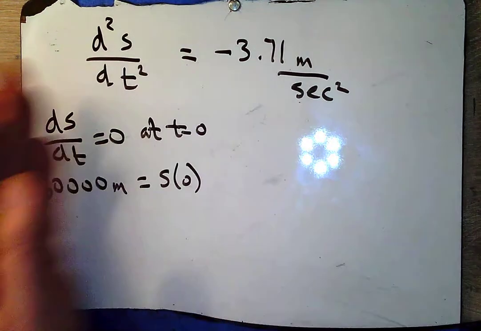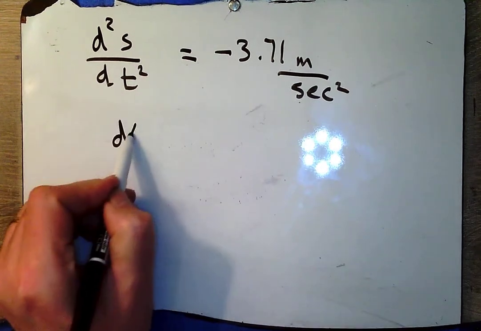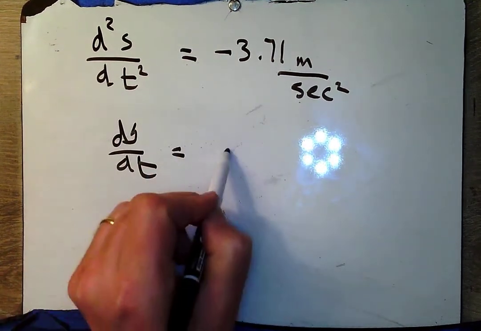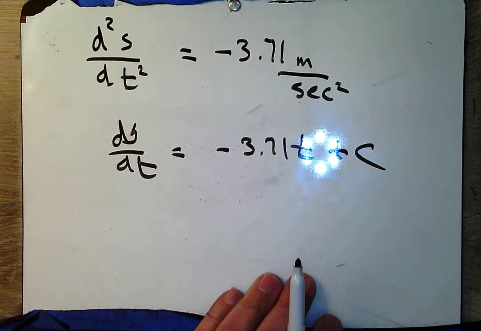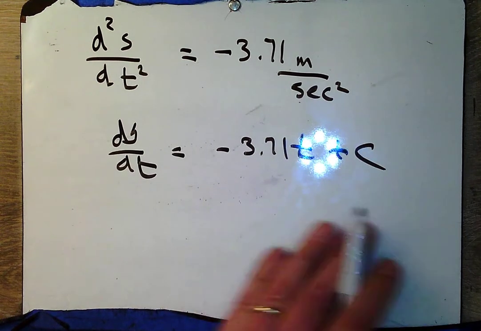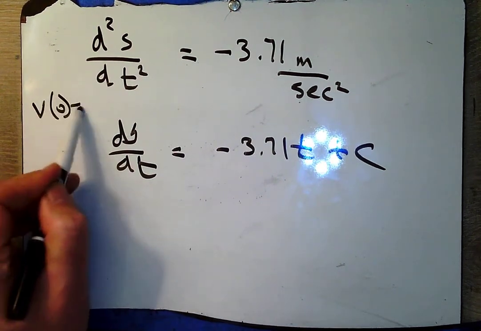So we'll do some separating of variables, and we'll get ds/dt equals negative 3.71 t plus c. Okay? So let's plug in our initial condition. Remember that velocity at 0 was 0.